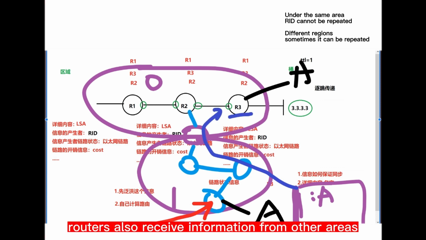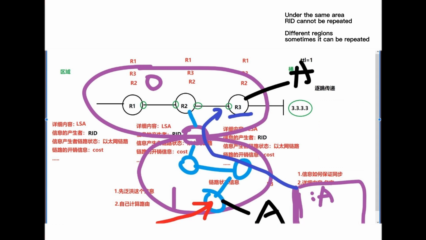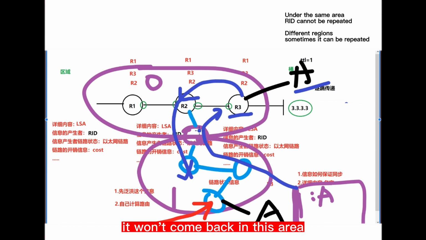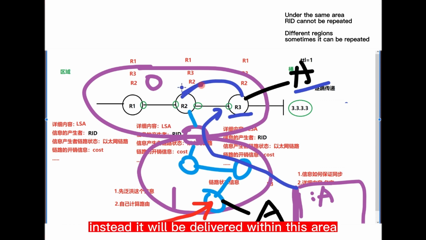Routers also receive information from other areas. Then it won't work at this time. When it is received, it just tells other devices. It doesn't import at all. It doesn't have this route at all. Then this message will come back. It won't come back in this area. Instead, it will be delivered within this area.